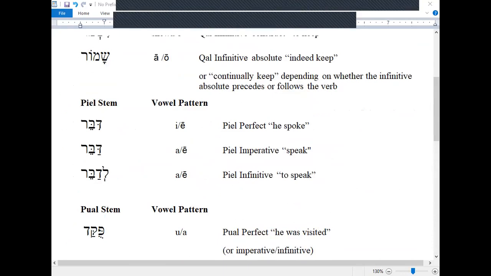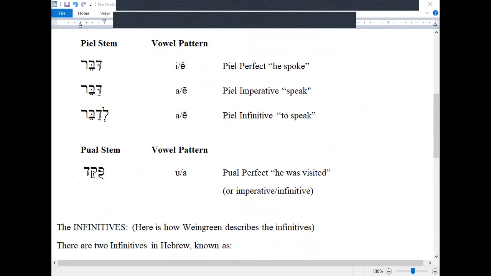We then move on to another stem that does not have a prefix or a suffix, and that is the Piel stem. And if you'll notice, we're using the verb diber, which means he spoke. Notice the vowel pattern is a hireq followed by a tsere, a long E vowel, diber.